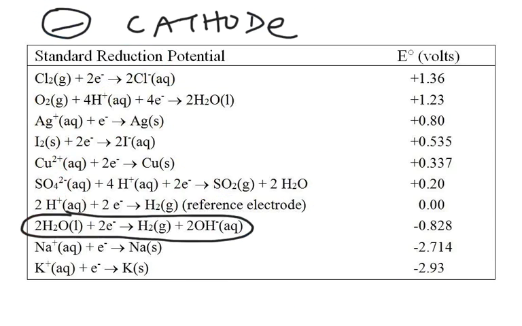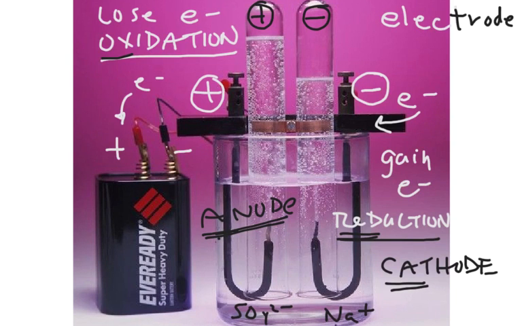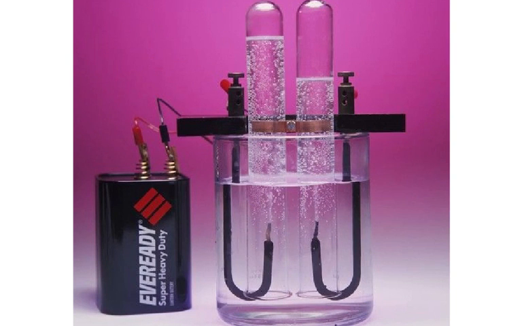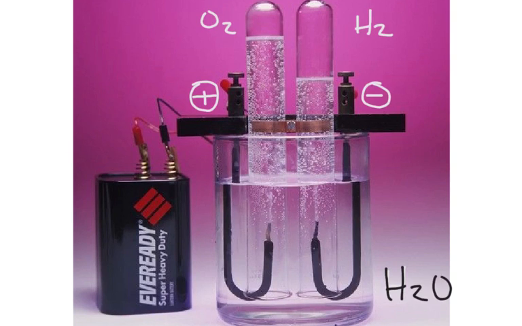Let's go back to our original picture. This side over here is our negative electrode. Here's our positive electrode. We said at the negative electrode we are making hydrogen gas. At the positive electrode we're making oxygen gas. And since we are starting with H2O, where there's 2 H's for every O, it's not surprising that we're going to get twice as much hydrogen here as we have oxygen gas up here.